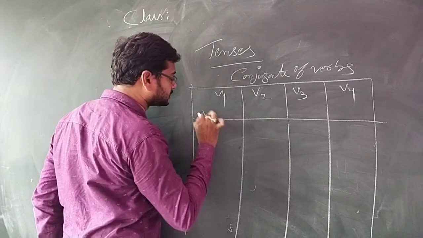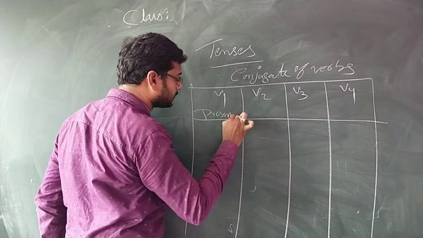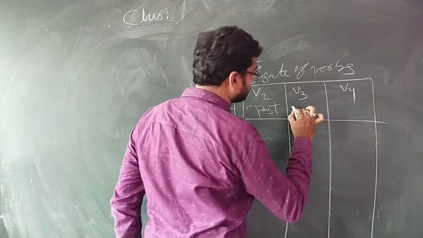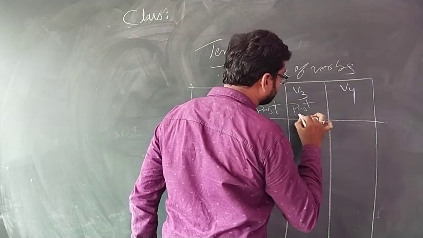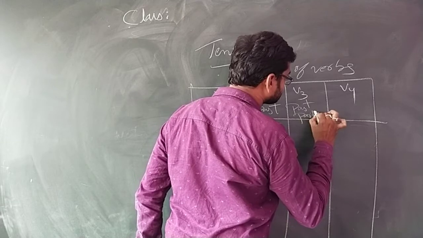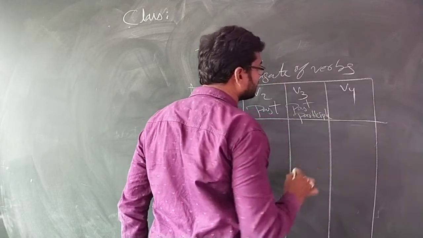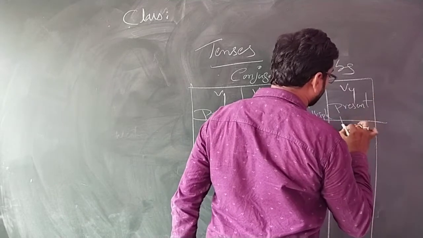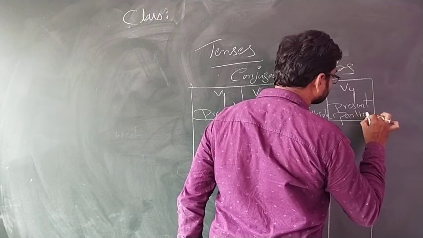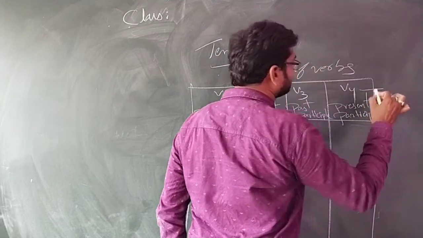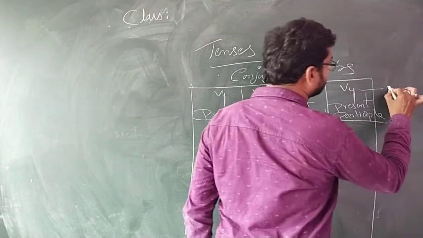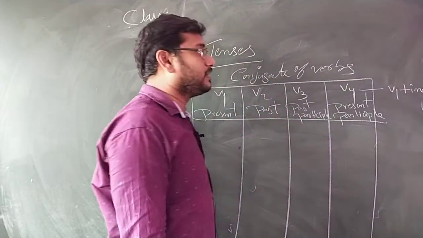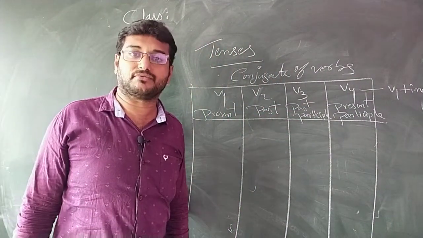First one present, past, past participle and present participle. V4 is nothing but V1 plus ing form. Now let us see some regular verbs.